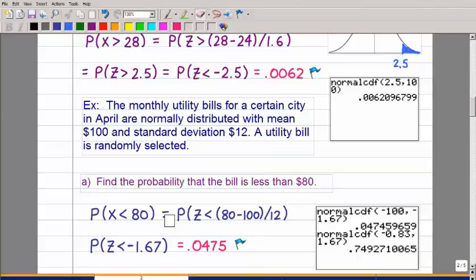Now, since our problem is less than, oftentimes students are so set on that greater than, wanting to flip things around. When the problem is less than, it's already in the form that the chart is displaying. So less than, don't do anything to it. Less than negative 1.67 means you just look up negative 1.67 and don't change anything.